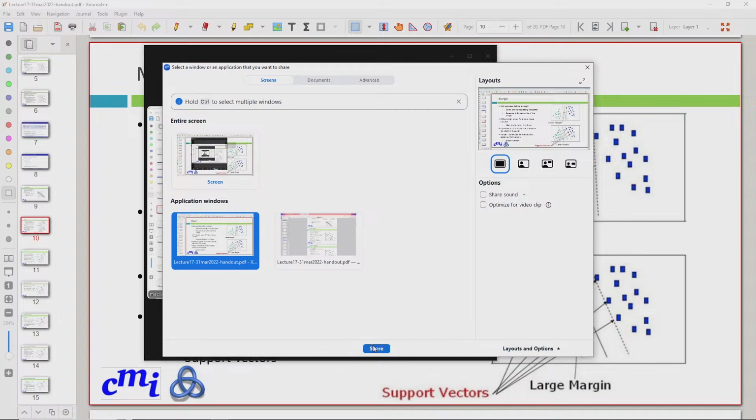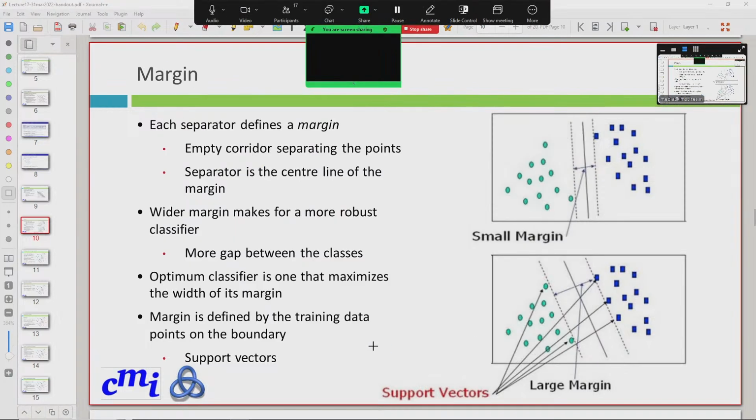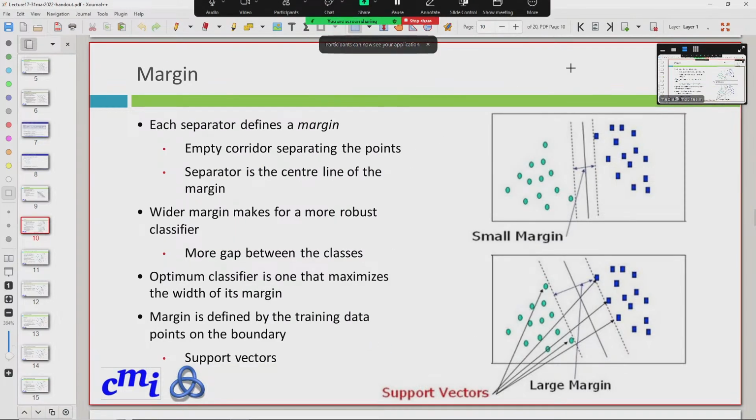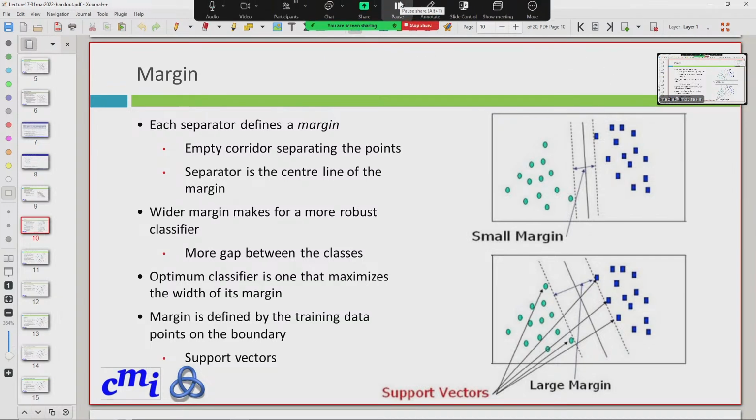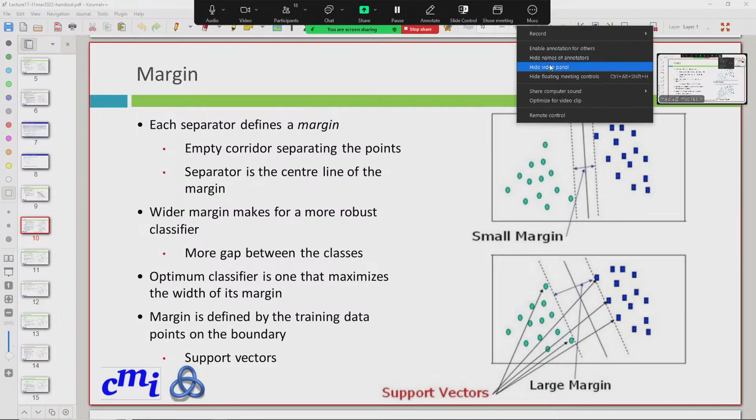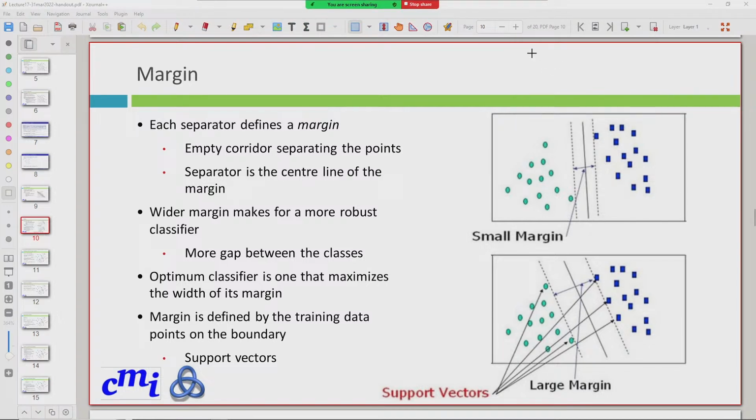Are you sharing the correct one? No, I don't. Is it the correct one? Okay, yeah. Can you remove that tiny thing from here? Yeah.